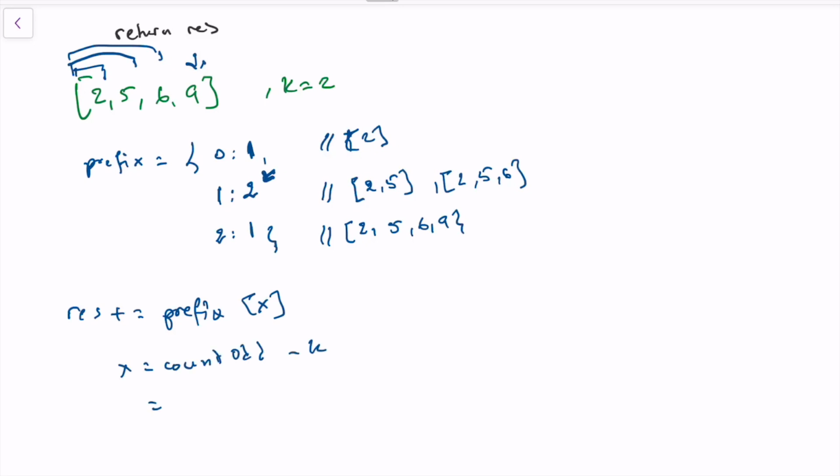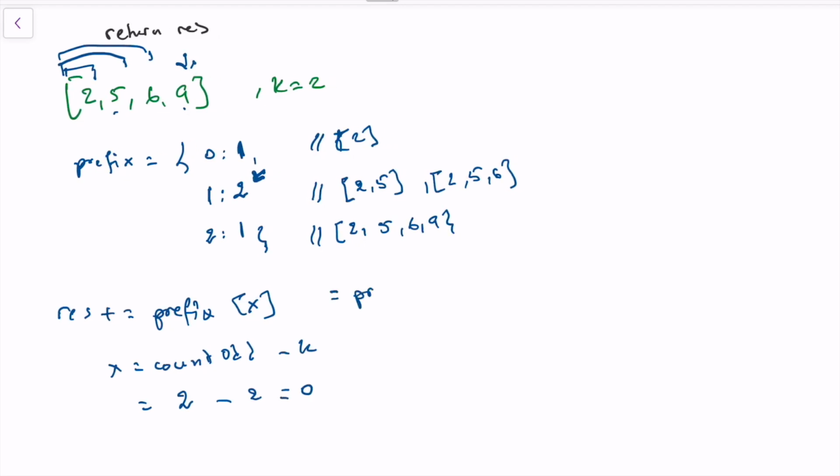And so count odd at this point would be, this one is odd, this one is odd, so that's 2, and k equal to 2. So that's 0. So we need prefix of 0. And that will say just 1, right? And that's the case, right? We have only one subarray that has 1 odd number.